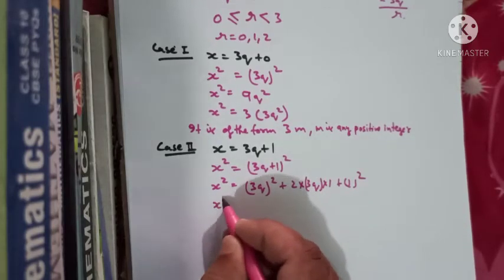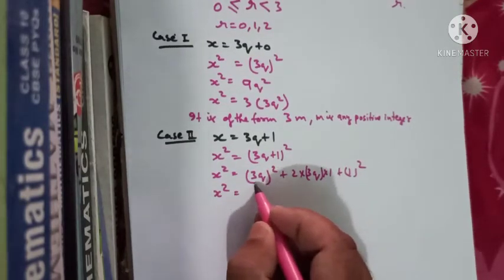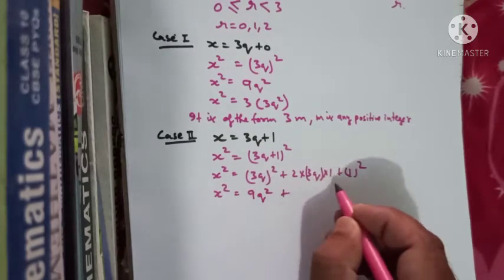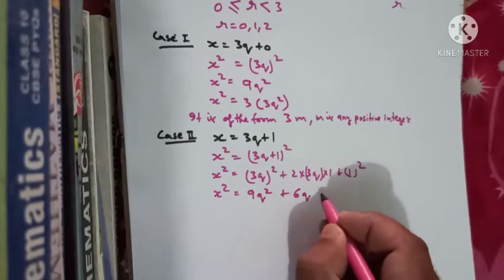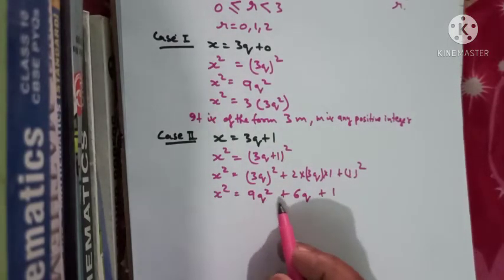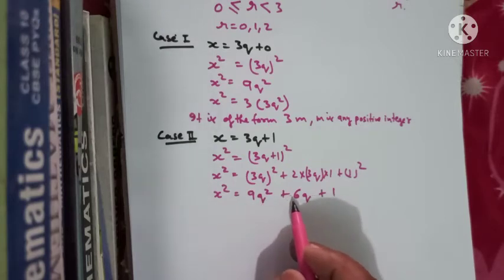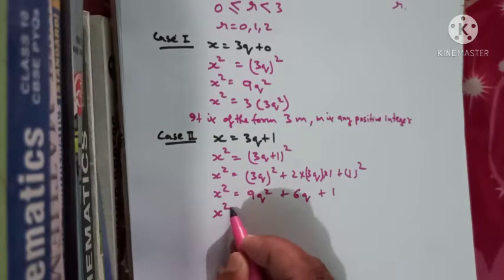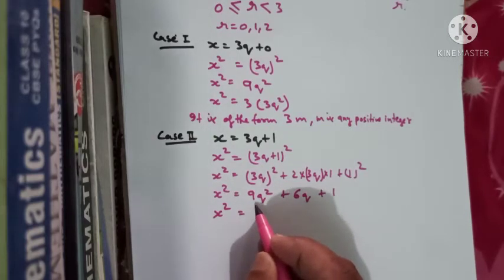So x square will be square of 3q, 3 square is 9, 9q square plus 2 times 3 is 6, 6q plus 1 square is 1. So here it is in the decreasing order of their degrees. Perfect.